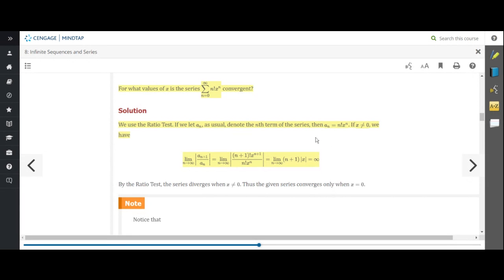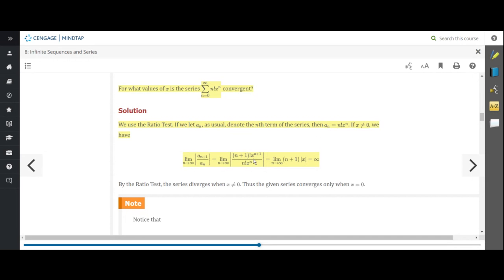The ratio test is the ratio of the n plus first term of the series divided by the nth term of the series. The nth term, in the denominator, is n factorial times x to the nth power. In the numerator, to get the n plus first term, you replace n by n plus 1.